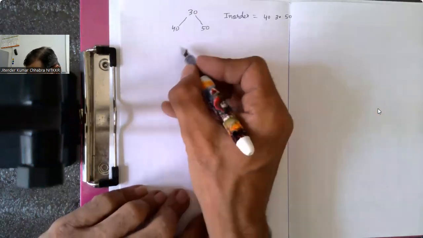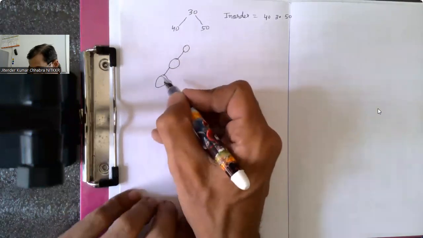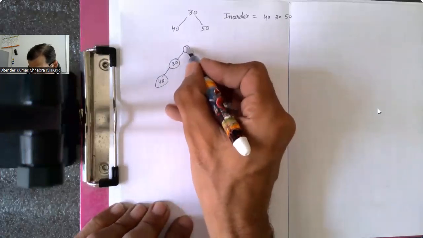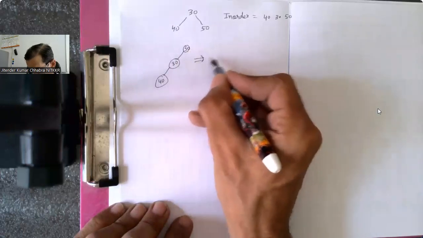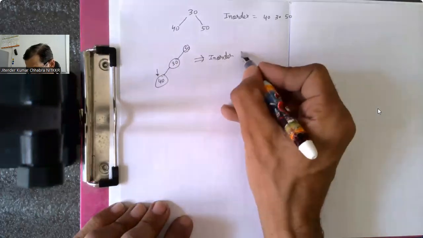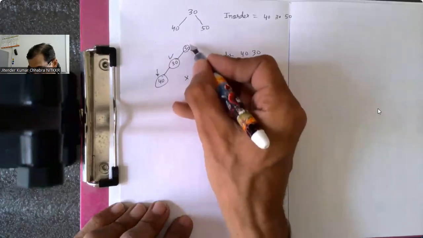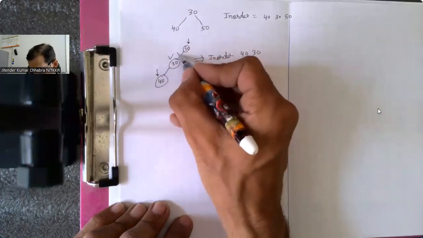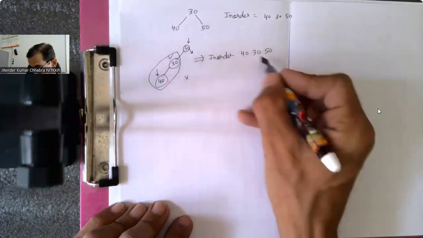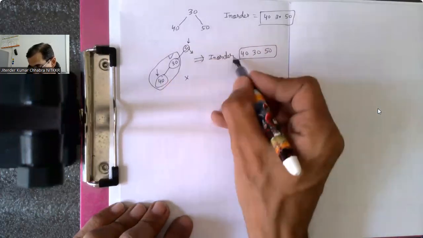But there could be another tree in this form where I say, first of all, 40 should come, then 30 should come, then 50 should come. It's in-order. If you see left 40, then data 30, then right, nothing applicable. For this node also, left is over, and then data, and then right, nothing available. So both have the same in-order traversal, although the trees are different.